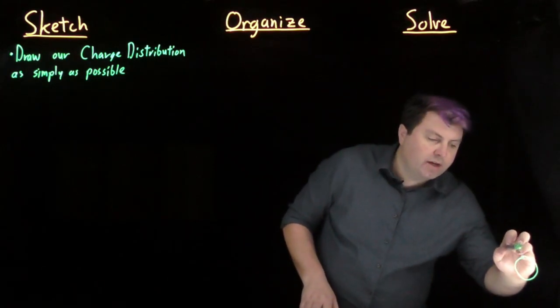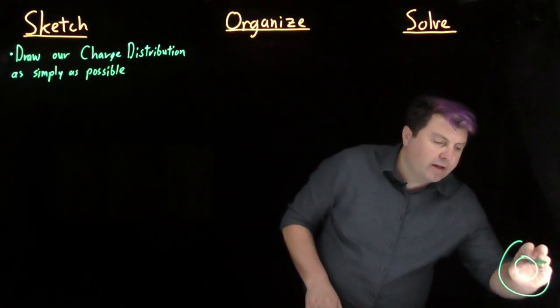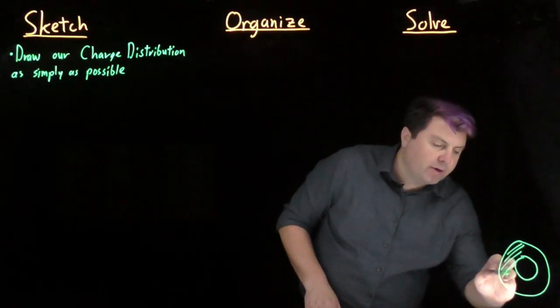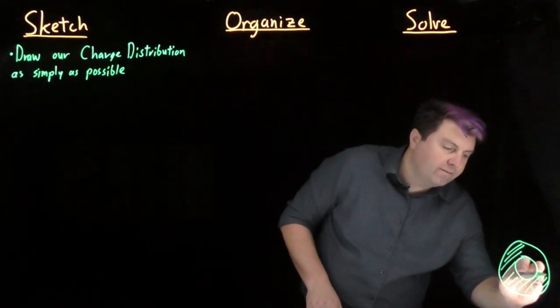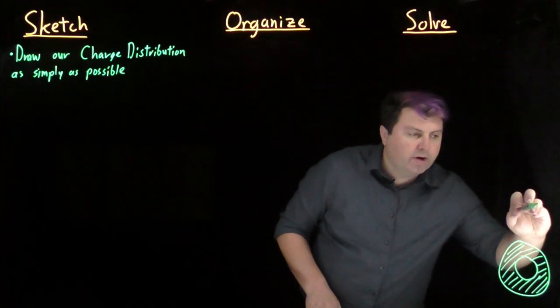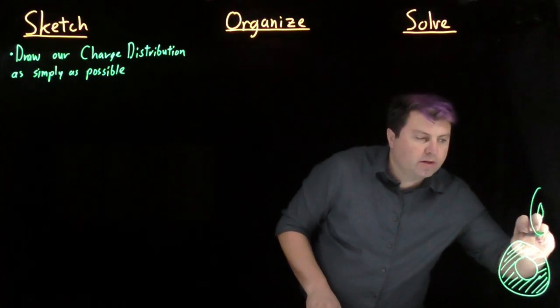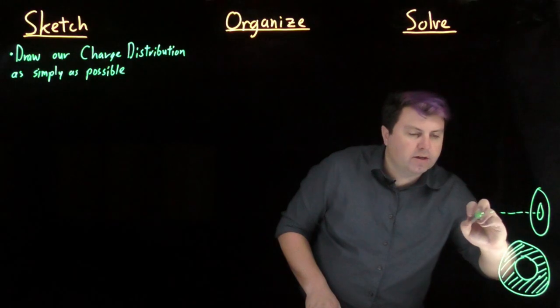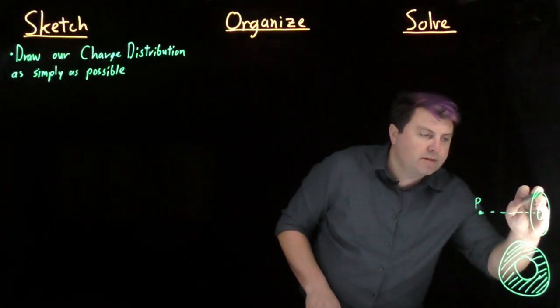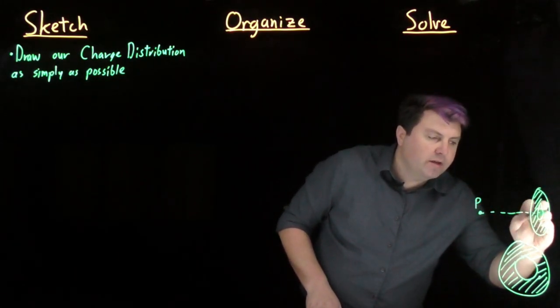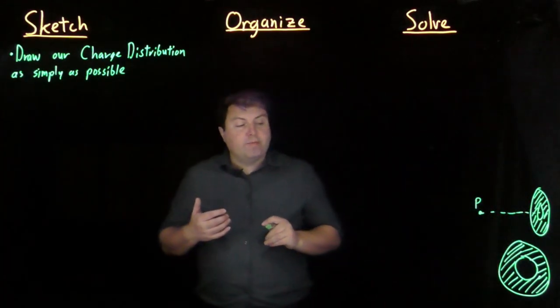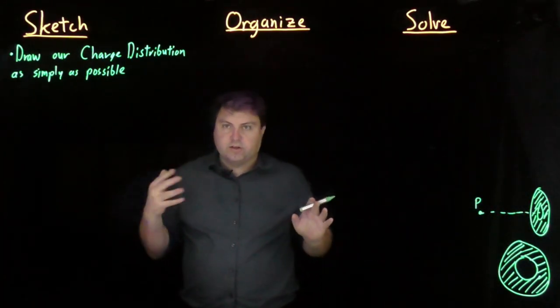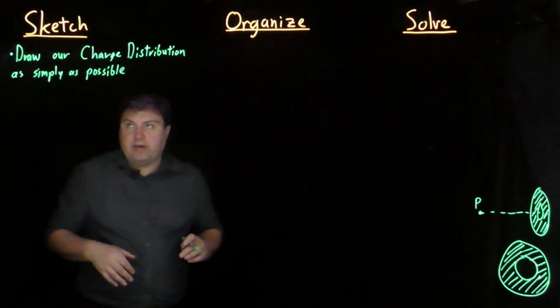So we're going to think of a disk that has a center, but otherwise is filled in. And we want to consider a point along the center of this disk. So in this case, we can't make it 0 or 1 dimensional, but we can make it 2 dimensional. So that's as simple as we can.